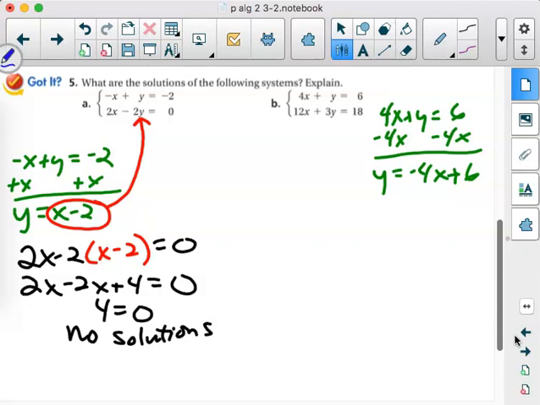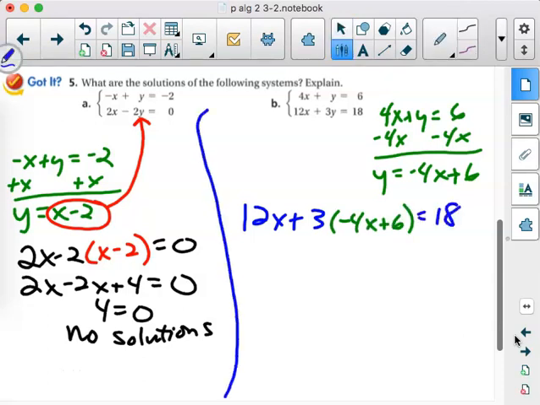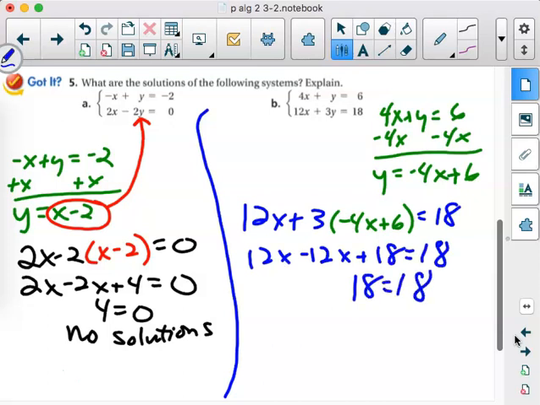So we plug it into the bottom one. And we distribute. And we get 18 equals 18. And we write down infinitely many solutions.